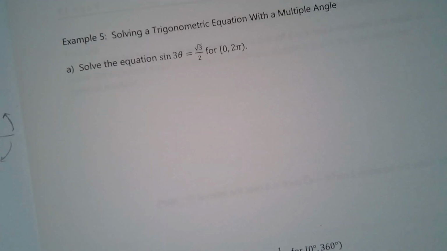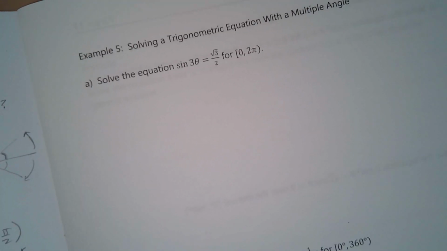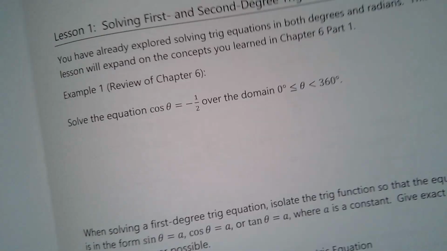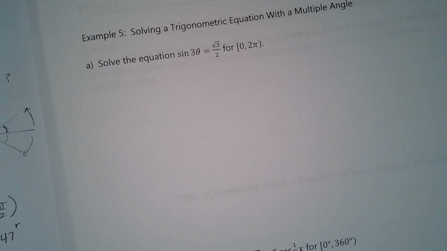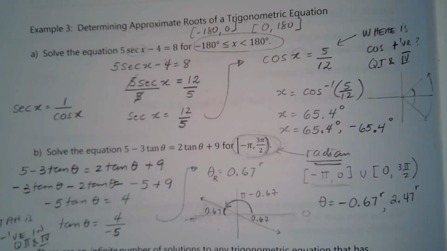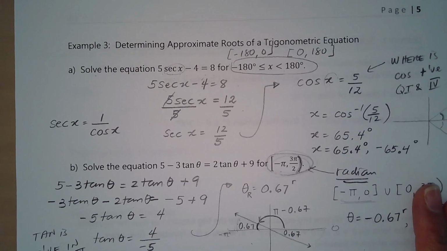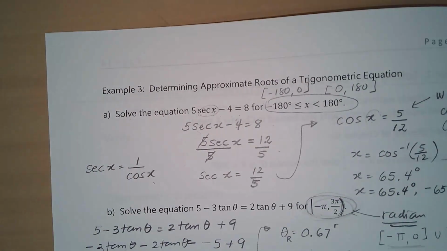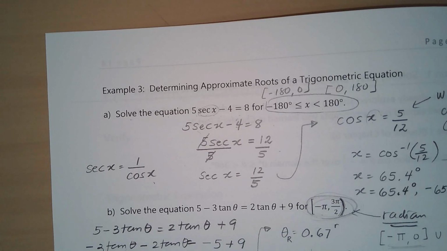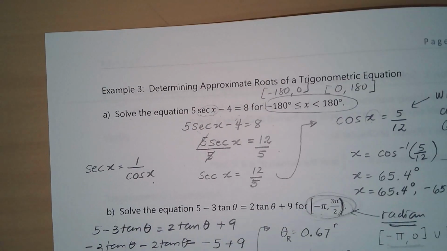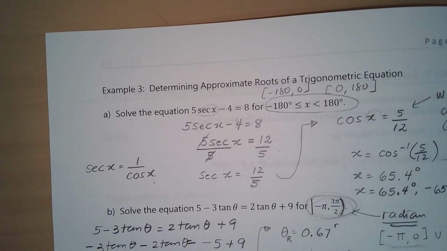Okay. I think I'm going to stop right here. I'll post the other one later. There are some questions that we're going to try. From this part here, anything in examples 1, 2, 3, and 4, I have some questions for you to try.